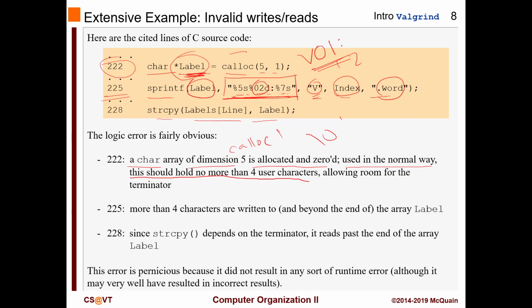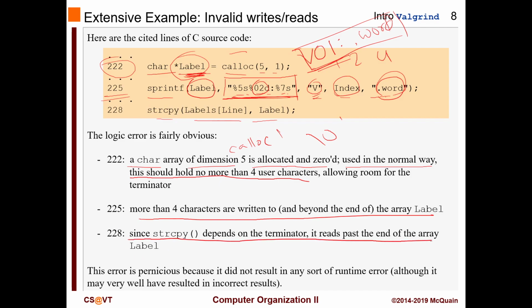Then we are printing a string called word. So this is way beyond 4. So that's why there's going to be some sort of invalid write over here. More than 4 characters are written, and that's why it happened. And since strcpy depends on the terminator, it reads past the end of the array.